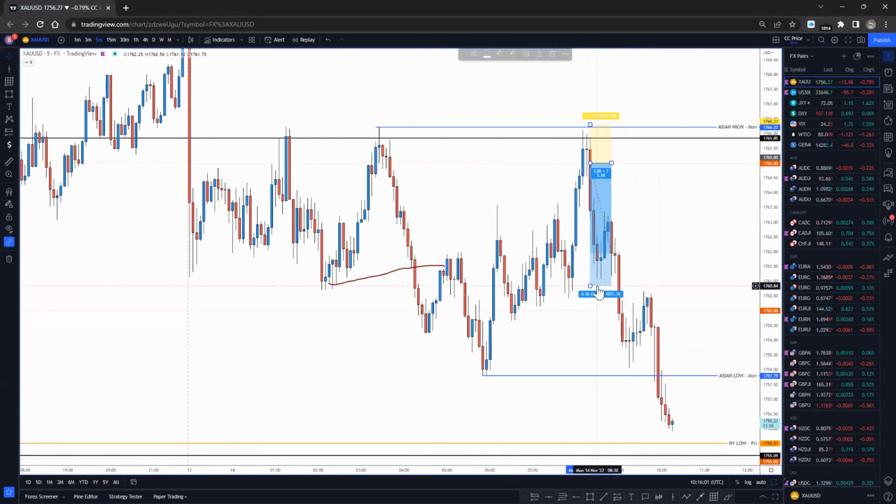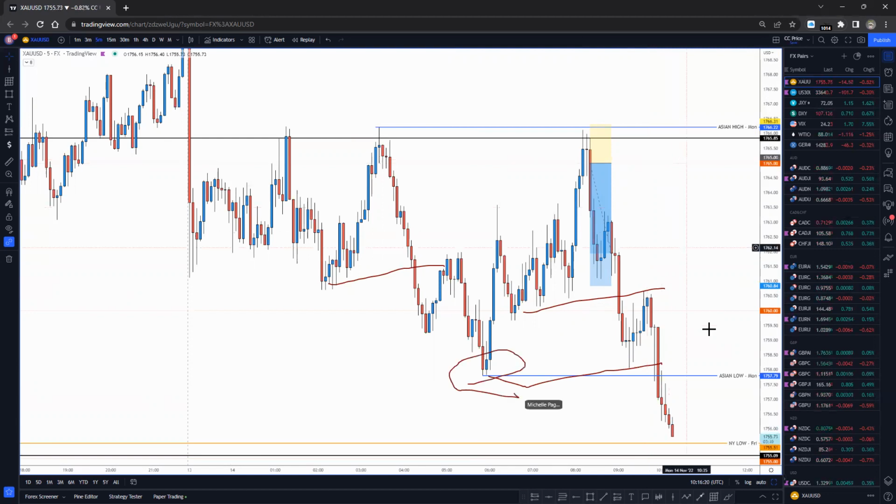I take partial after reaching this side, then again it went down. In this area, I took already something. Then I moved the take profit which I set in this area. Now it's already finished. I decided that I will take the last in this side.